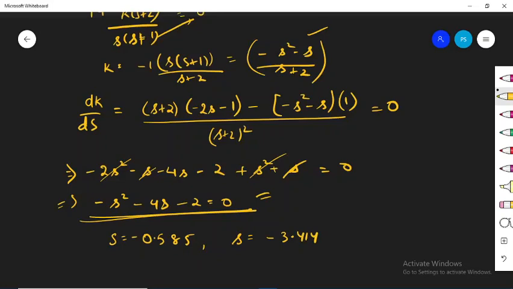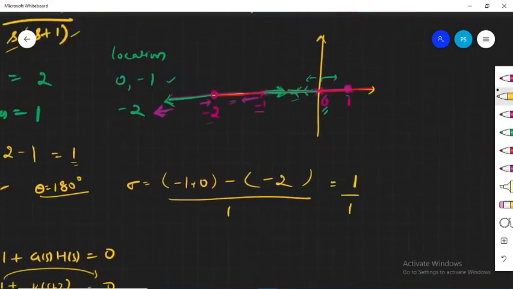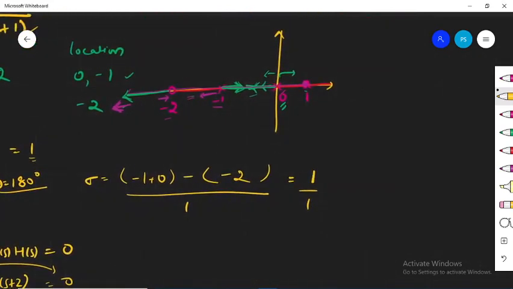Now just look whether these points are lying on the root locus diagram or not. That means on the green zone, whether these points can lie. So one point that we are getting is s equal to minus 0.585. Another value is minus 3.414.